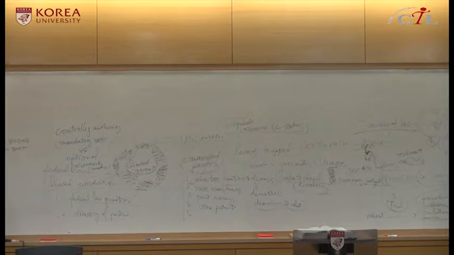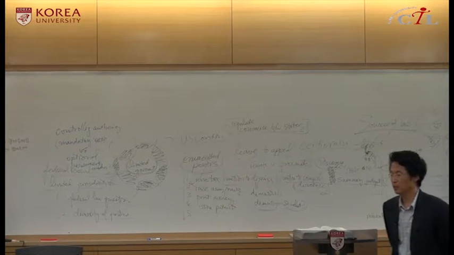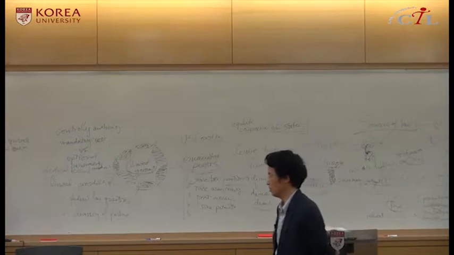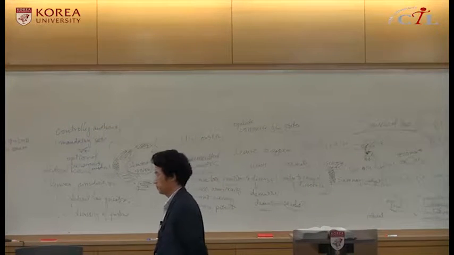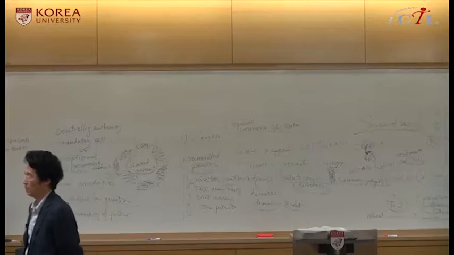Damages. You also have to prove damages. What damages have resulted? Usually you don't have to prove any damages in intentional torts. The damages are presumed. But for negligence, you have to prove damages.